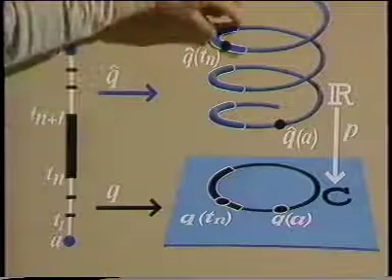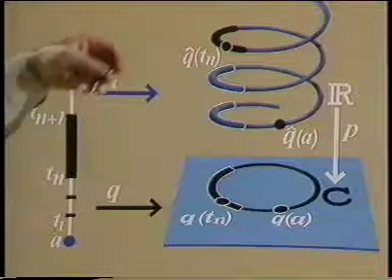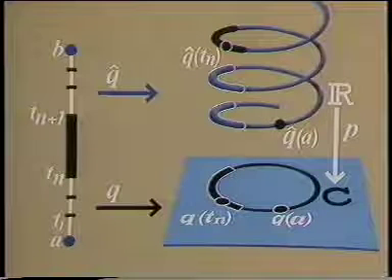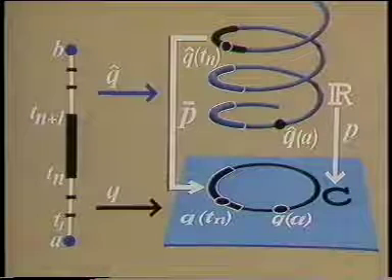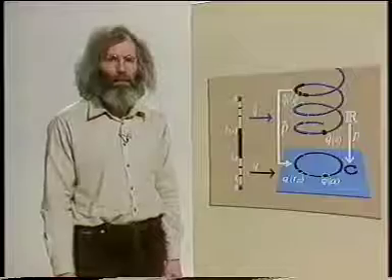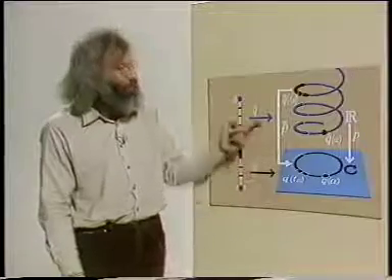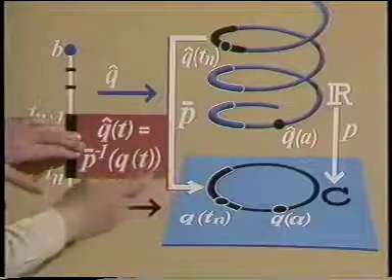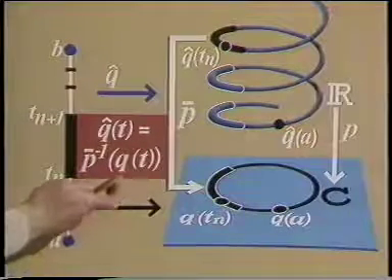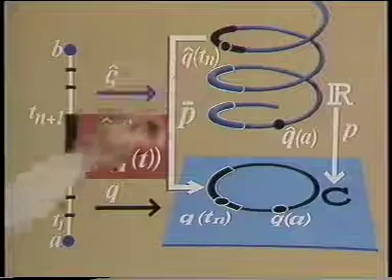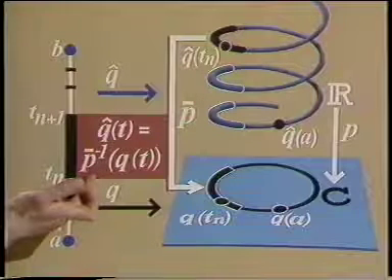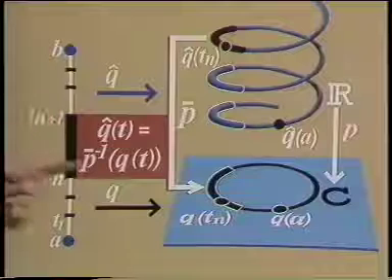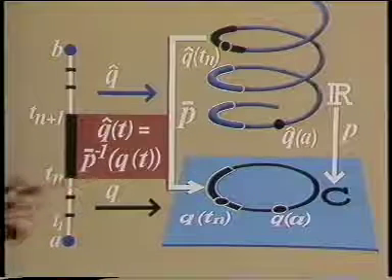Concentrate on the segment upstairs containing q hat of Tn. The map P restricted to this segment is a homeomorphism. Call it P bar. And we use the continuous inverse of P bar to define q hat. First, map t to the circle by q, and then map q of t up to the spiral by P bar inverse. This gives a continuous q hat on this subinterval because both q and P bar inverse are continuous.